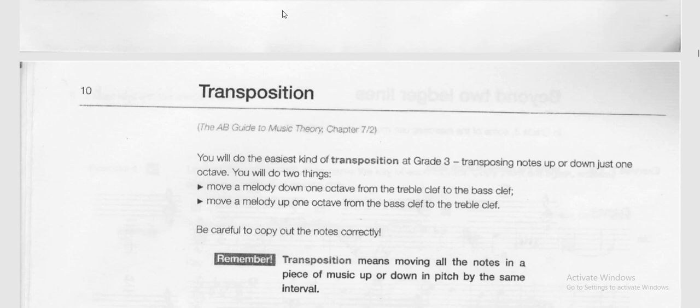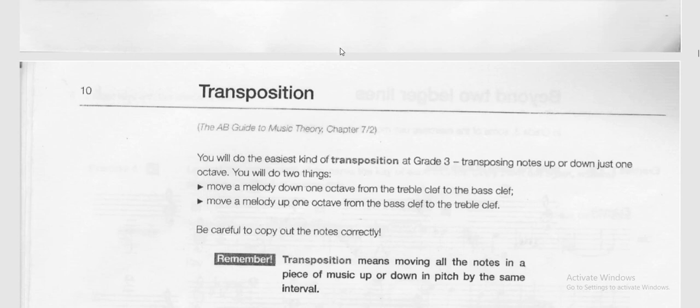So if your answer is not E, or not the same note as the given, you are probably wrong. And be careful to look at the clef and copy out the note, the pitch, correctly.